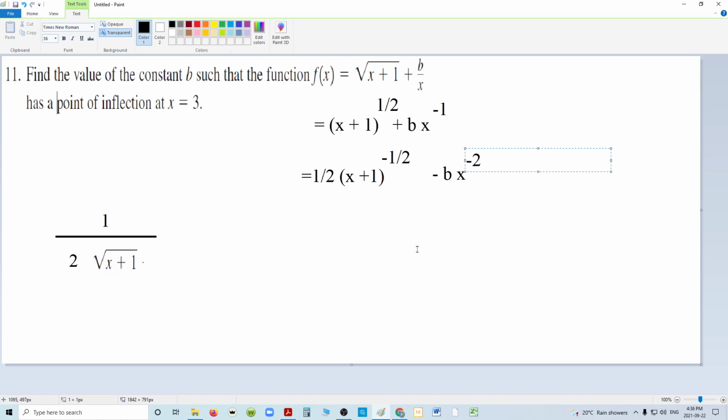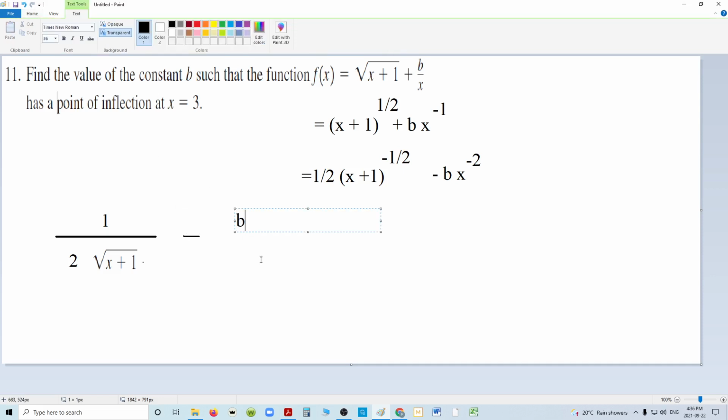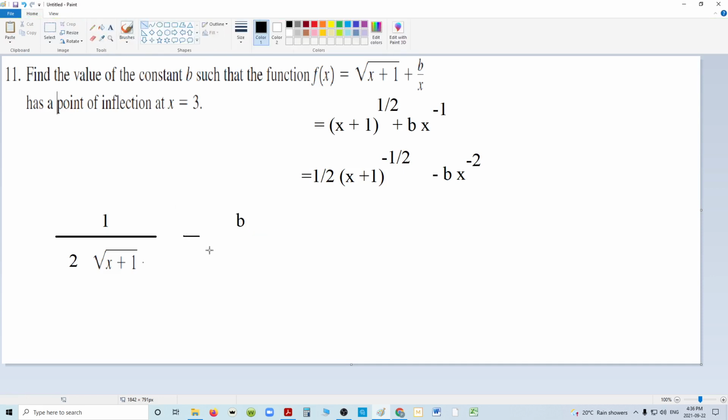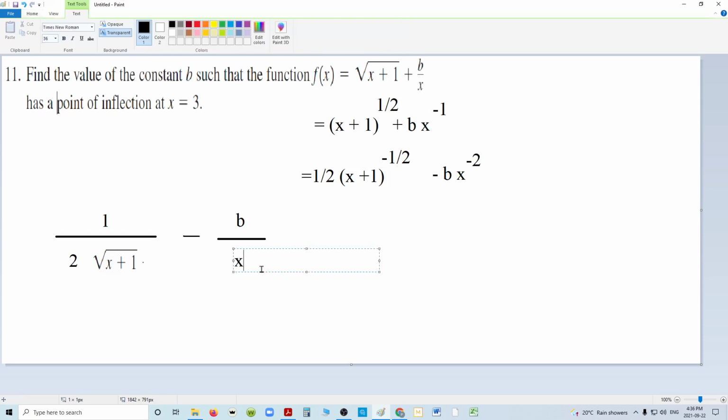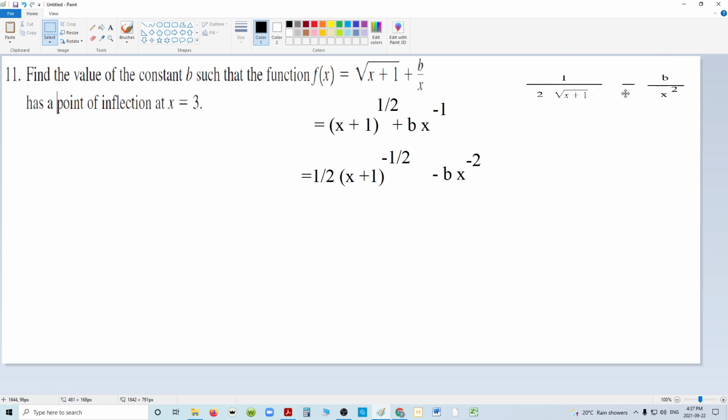And that's the chain rule there, which would be written like this: minus b over x squared. So if I needed to write or present it more clearly, that's what the first derivative would look like. But I'm going to leave it in this structure, and I don't think I'll need the shrunk version.